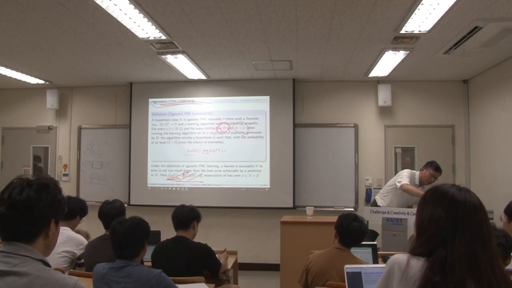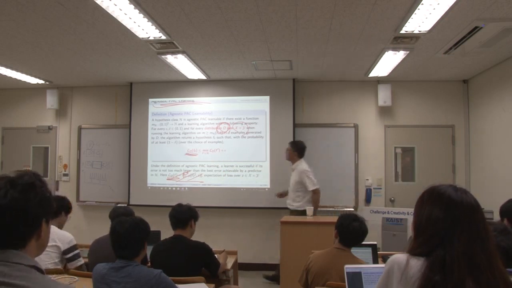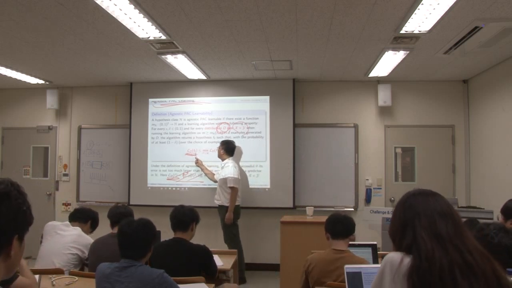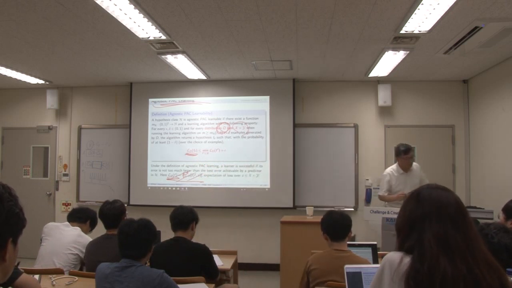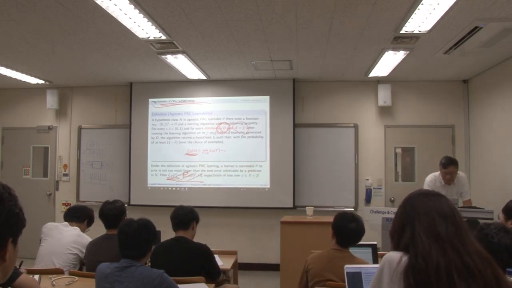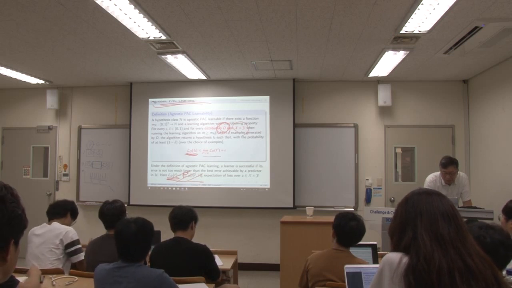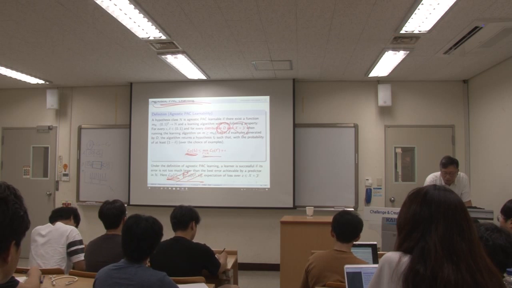The test loss of some function f_S is going to be less than the minimum of the test loss of all the functions that you've considered, plus epsilon.